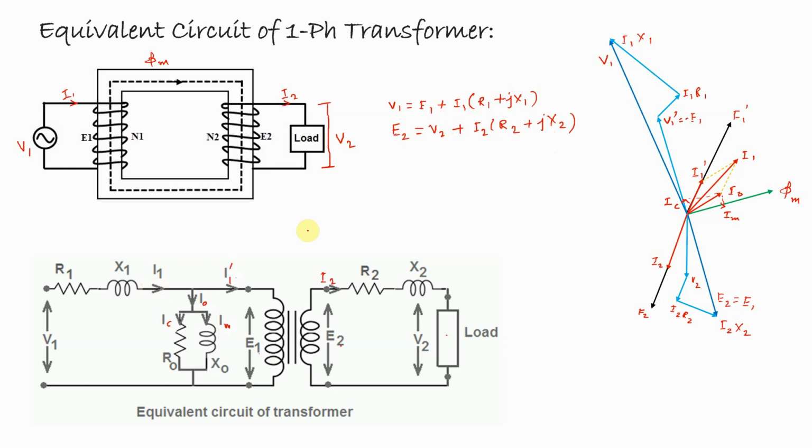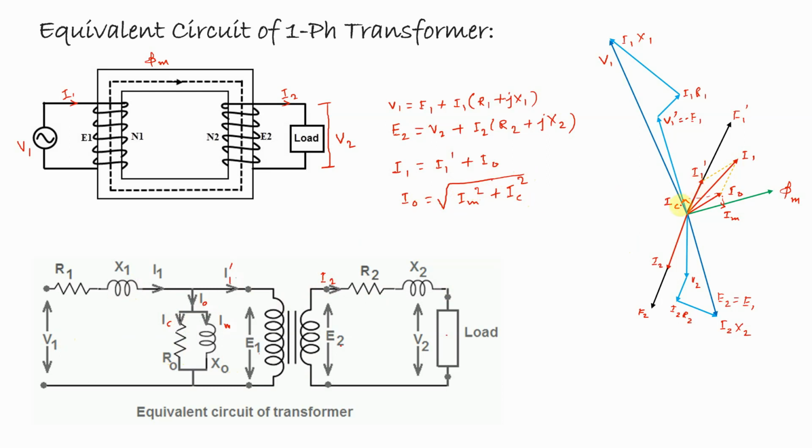We also see that I1 has two components, where I1 is equal to I1 dash plus I0, and I0 is also of two parts, that is IM and IC. All the parameters we have already seen in the phasor diagram are drawn here, except R0 and X0.